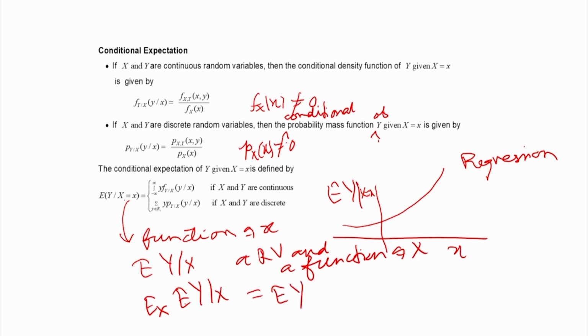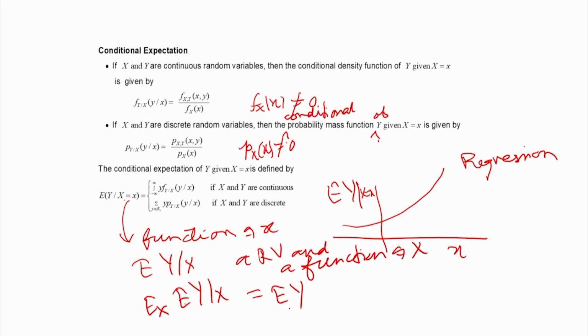So, that way we will be using the concept of conditional expectation. Conditional expectation is a measure of best linear prediction given that x is equal to small x.